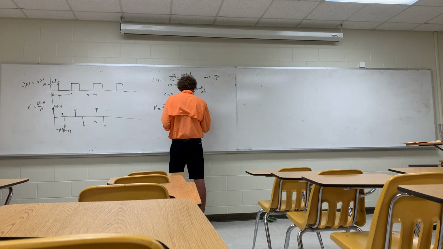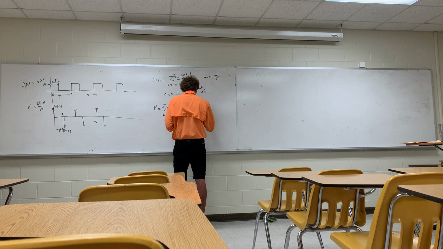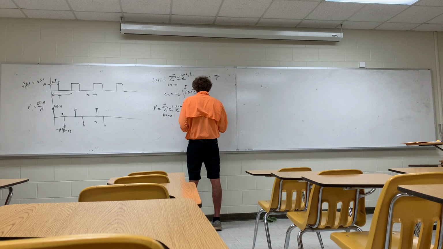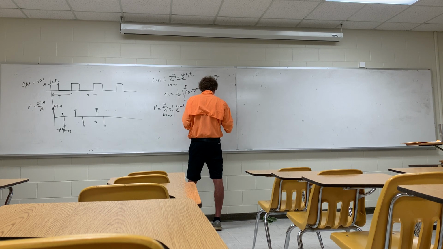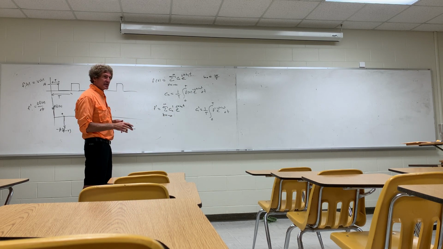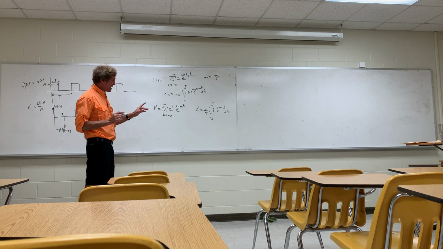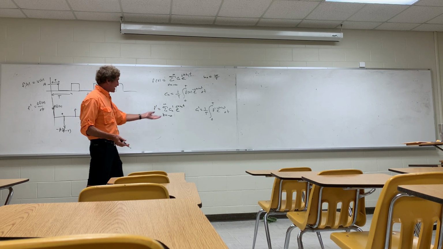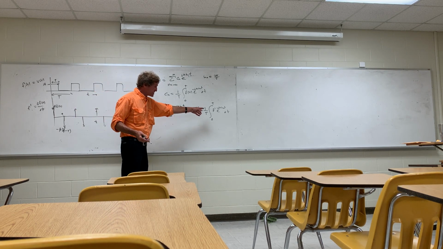And my Cn prime is 1 over the period times the integral from 0 to T of my f prime times e to the minus j n omega naught t dt. There's going to be a reason I'm doing this. I know this looks like it's getting really abstract, but there's an absolute reason I'm doing it. Y'all agree with that? Because it is repetitive, I can capture these coefficients by just taking the f prime, the value of the derivative.